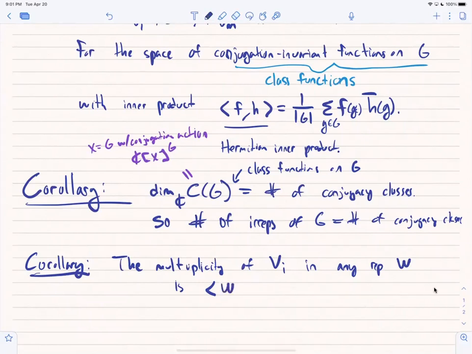It doesn't matter which order you put this in, but let me put it in this order. So it's the inner product of chi of W with chi of V_i.